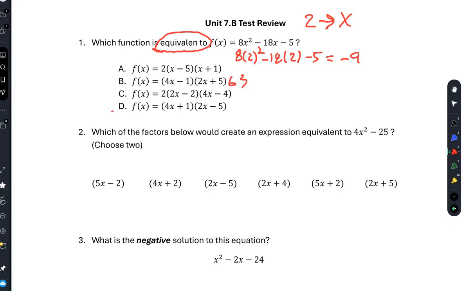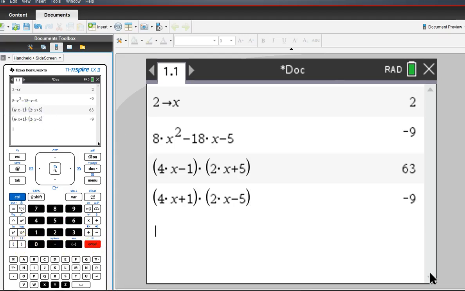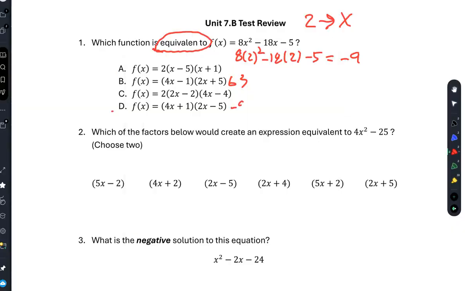Let's try D. So you're just randomly picking the problems you want to pick. Parentheses, 4x plus 1, and then 2x minus 5, and hit enter, and you get the negative 9. Notice how they match up, okay? So this is going to match up to this. The answer is D.